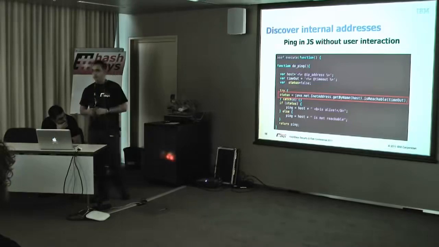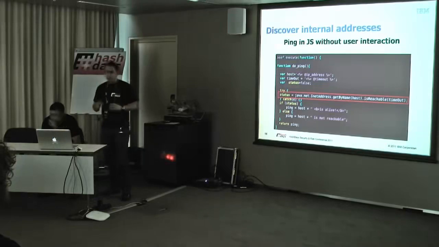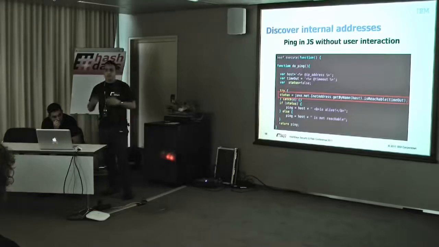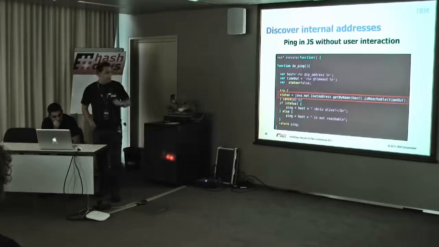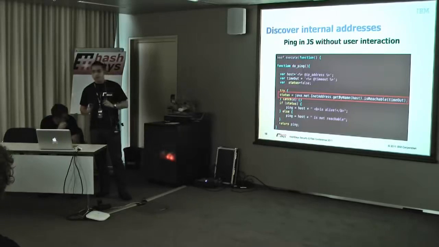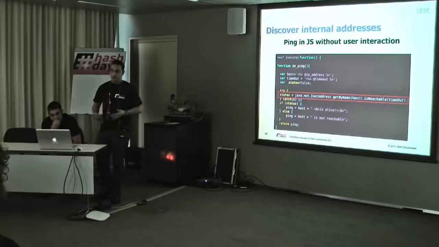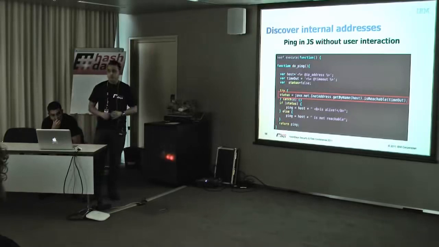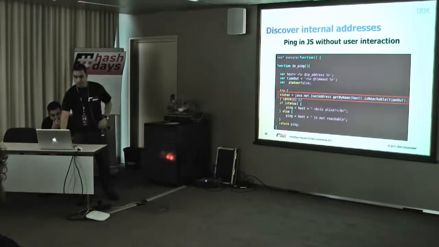Normally when we have to run Java code in a browser, like an applet, we need the user to accept that he wants to run the applet. But in this case, as it's a Java static method, user interaction is not required. So this code will run in the victim browser without any pop-up or alert.